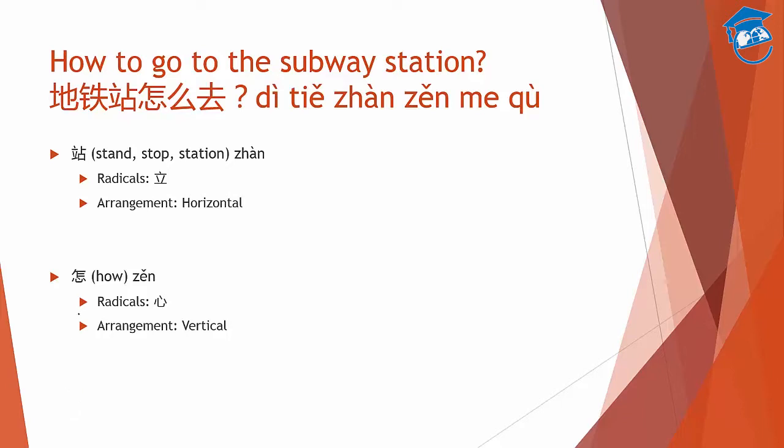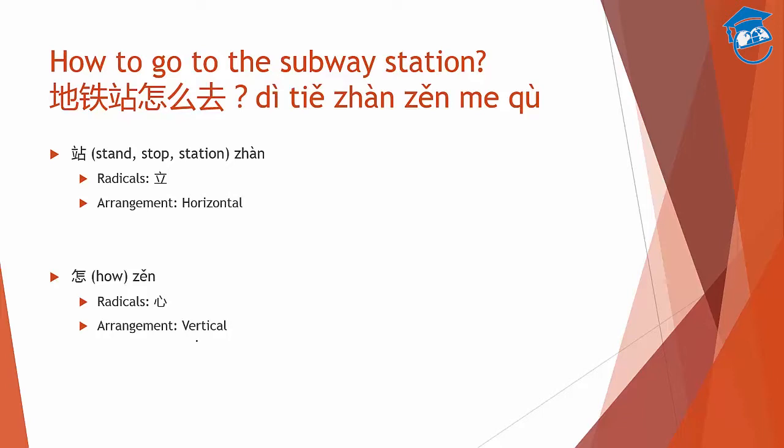and this one word here, it means how in general. This is the pinyin, and the radical is what's on the bottom there. So the arrangement is vertical as you have top and bottom component.